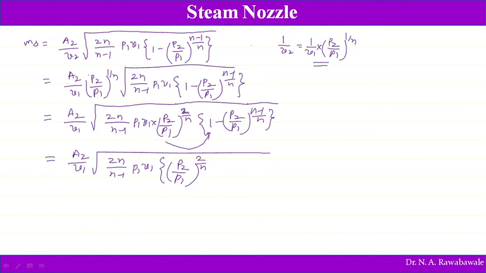Multiplied by 1, it stays, minus, if we multiply this with this, (p2 divided by p1) to the power of 2 divided by n into (p2 divided by p1) to the power of n minus 1 divided by n.